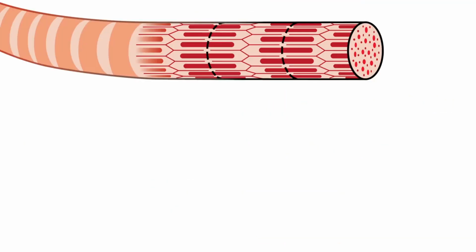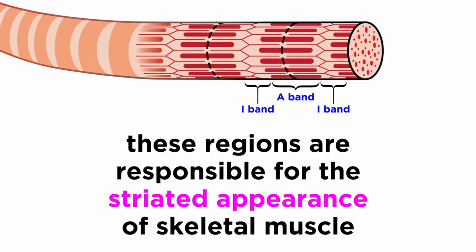Looking at a sarcomere, we can label a few regions. We can see these darker A bands and the lighter I bands, which are aligned and responsible for the striated appearance of skeletal muscle.